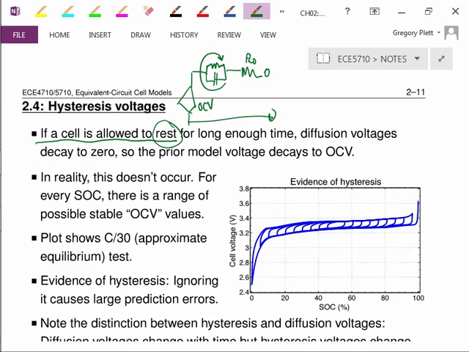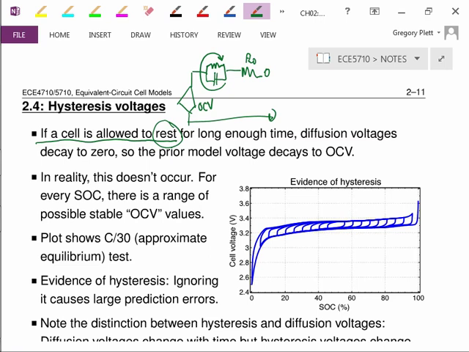We find that for every state of charge, there's a range of possible stable voltage values, not really open circuit voltage values, but they are equilibrium values that can be maintained for many days. We've done lab tests and we know that these voltages don't just have a slow decay rate, they have a zero decay rate. This picture on the right is an attempt to illustrate this, and it's not a perfect tool for doing that, but maybe it will at least convey part of the message.